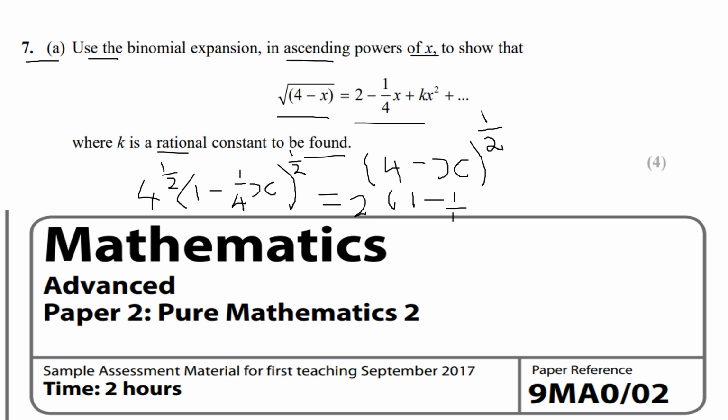And I can just plug this into the formula, which is given to us in our formula booklet. So power of a half, sorry, not minus a half. Apologies about my handwriting, guys. We're going to have 2, brackets 1 minus a quarter times a half, that'd be 1/8 x.